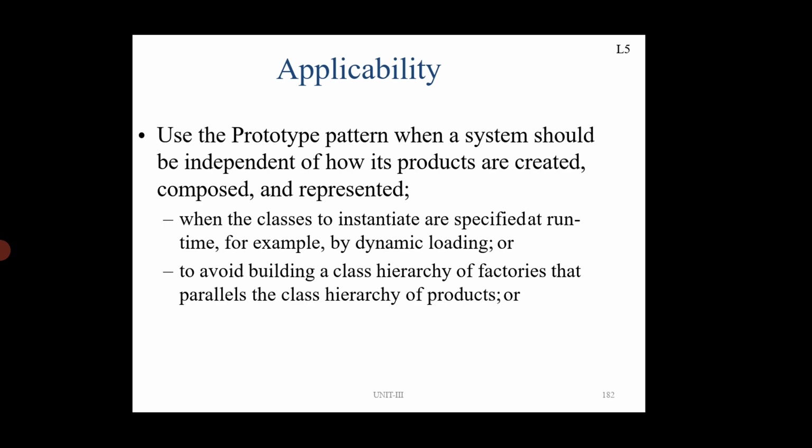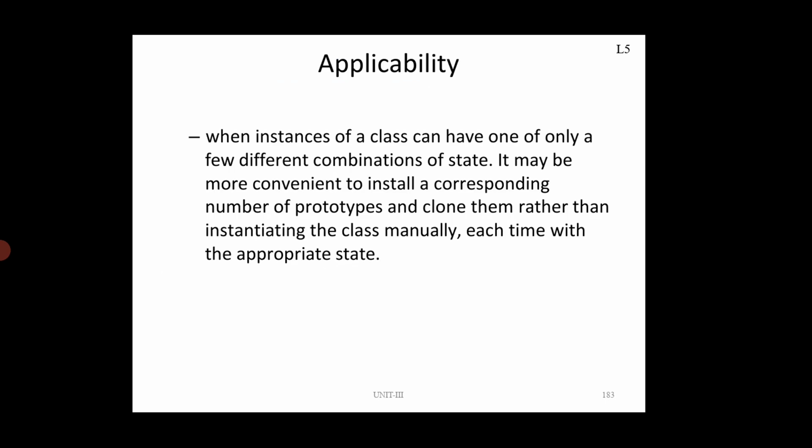Look at the furthermore point. Whenever the instances of a class can have one of only a few different combinations of states, it may be more convenient to install a corresponding number of prototypes and copy them rather than instantiating the class manually each time with the suitable state.